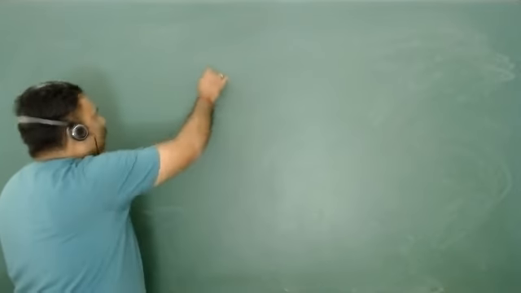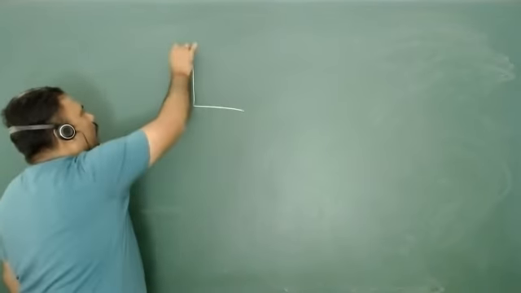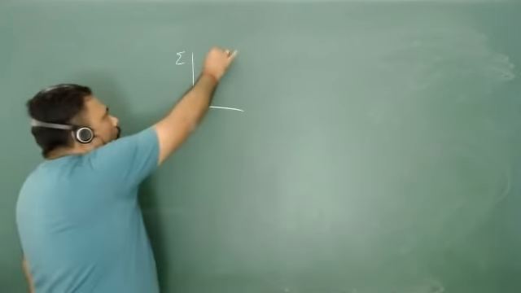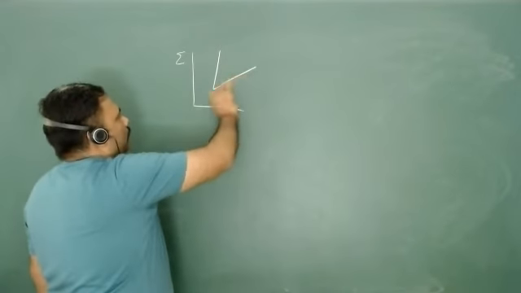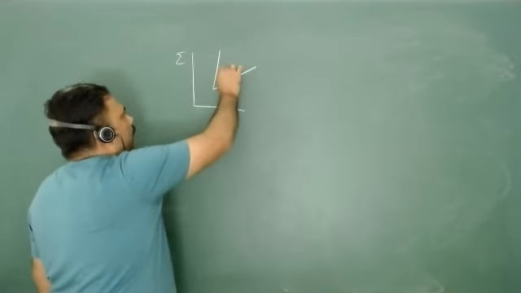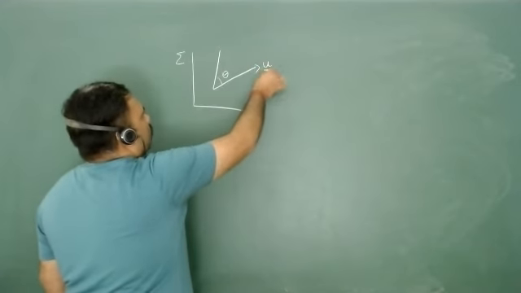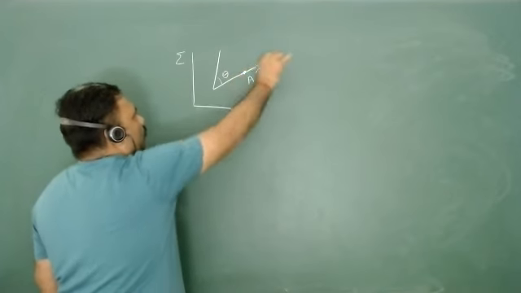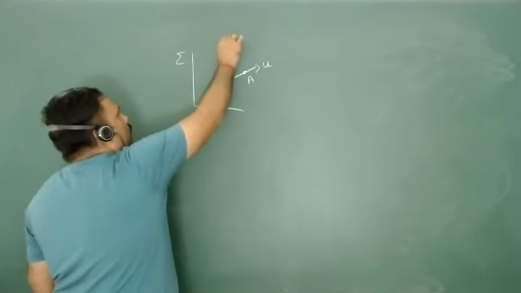What is this problem? Let's say this is one inertial frame, let's say it is sigma. And what we have are 2 particles moving with angle theta between them. Let's say particle A is moving with velocity u, and this is moving with velocity v.